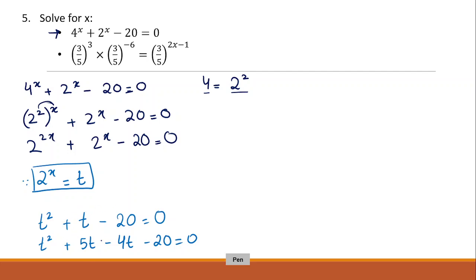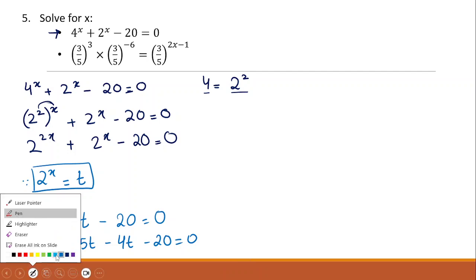And when you multiply 5 with negative 4, you get negative 20. So this is how we write 5t minus 4t. Both equations are the same: t squared plus t is basically t squared plus 5t minus 4t. If you simplify this, you will get t again, right? We have done this in order to find these factors.